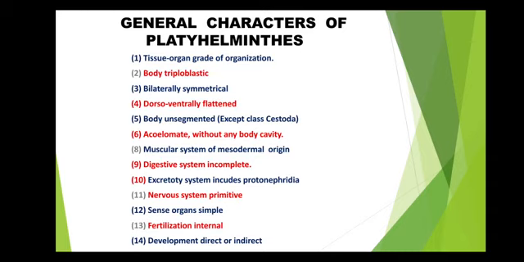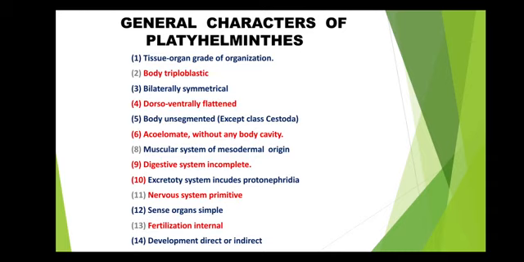Point number 14, fertilization. Internal fertilization may be cross or self; in tapeworms, self-fertilization is found. Point number 15, development. Development is direct or indirect. Life cycle is complicated in most flatworms with one or more larval stages.